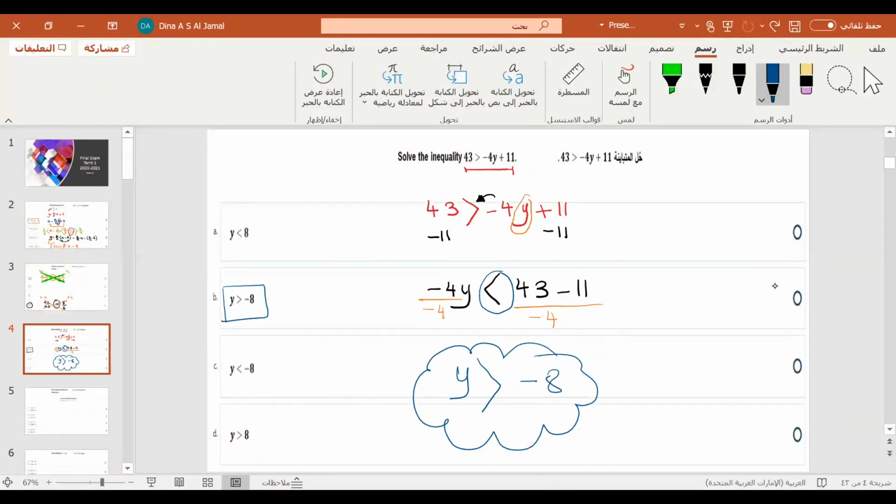Some of you may still solve it in the same order, and they will not be changing the order as I did. So what you can do is continue in the same order of this, and you will be having 32 is bigger than minus 4y. Then once you divide, you will be changing the sign. But later, what you need to do is start writing it from the y. So I gave you 2 ways.